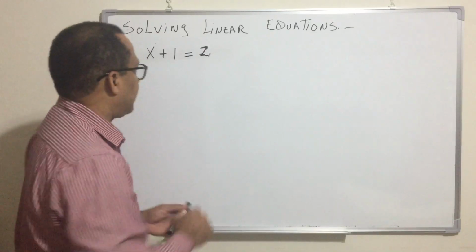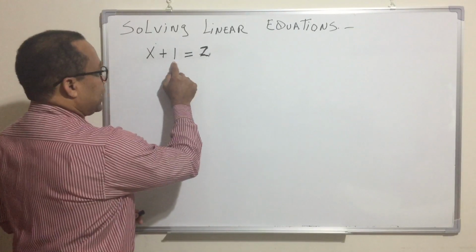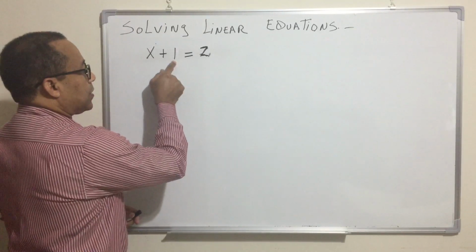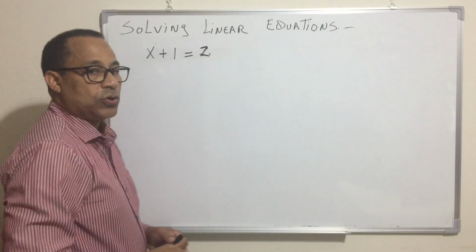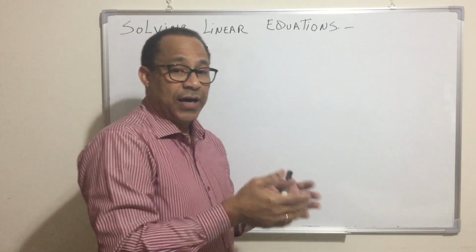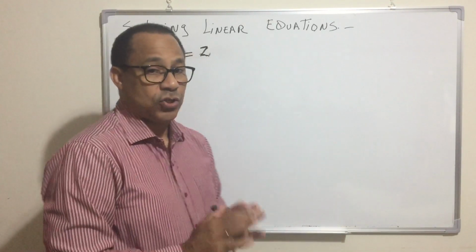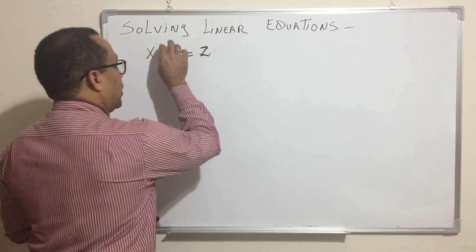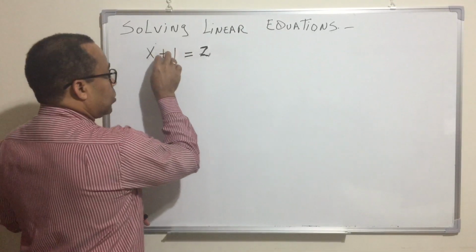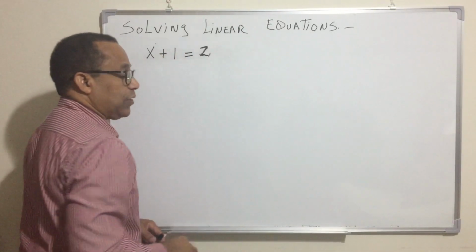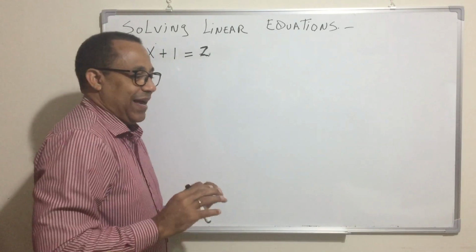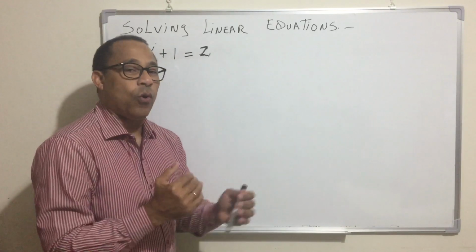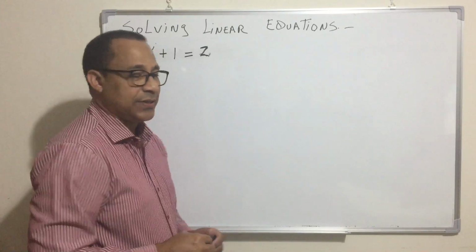This one is adding, so when it's moved to the right side, it goes with the opposite of the addition, which is subtraction. So we are going to move the plus 1 to the right side, and it will be subtracting. But let me show you, in slow motion, how this happens.